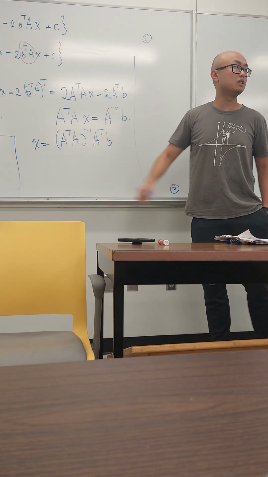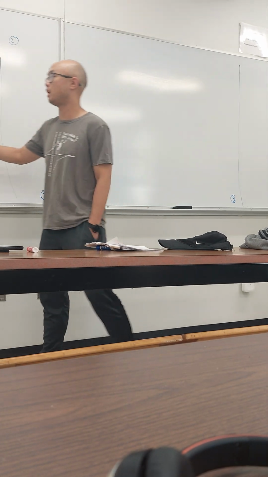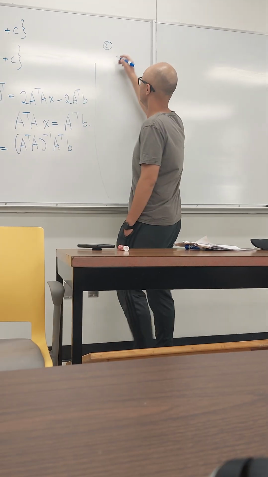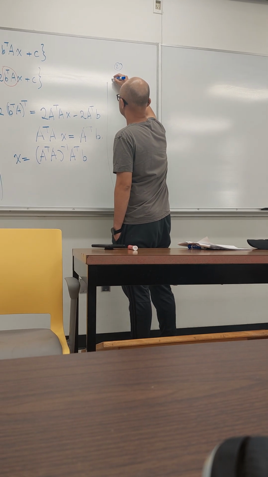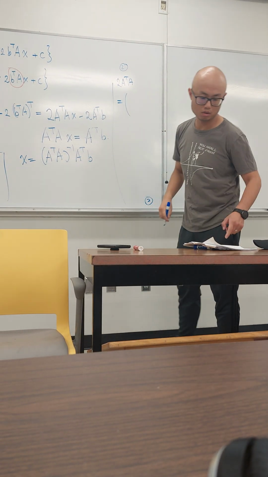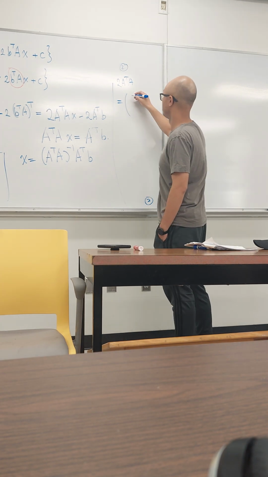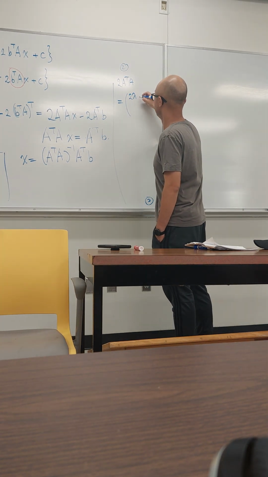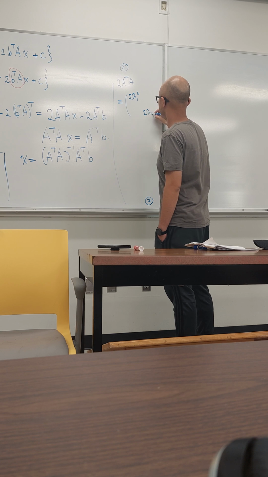Things are slightly different here, because Q is now 2 times A transpose A. If we use the expression, this is basically 2 lambda 1 squared, 2 lambda 2 squared.